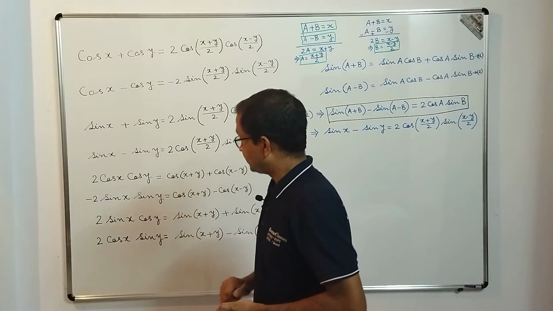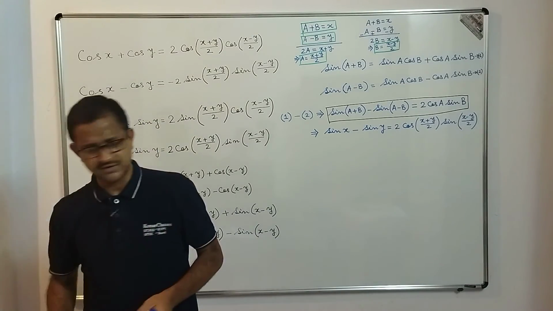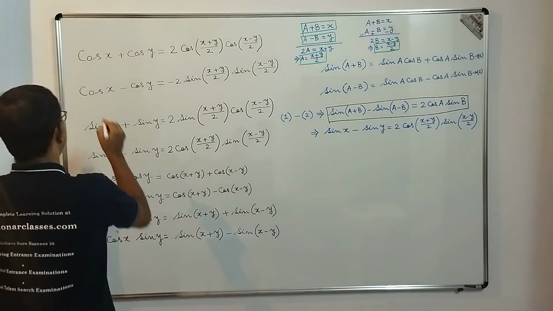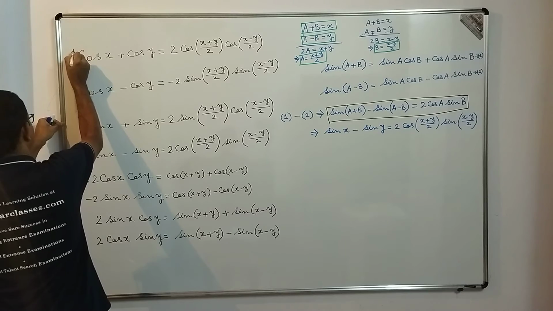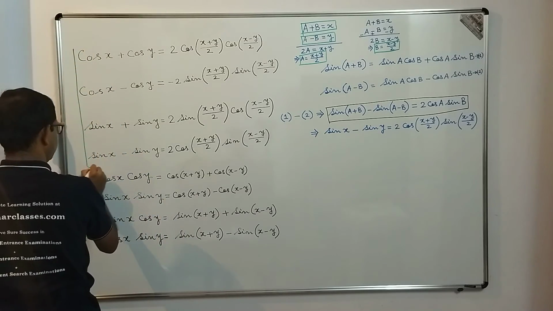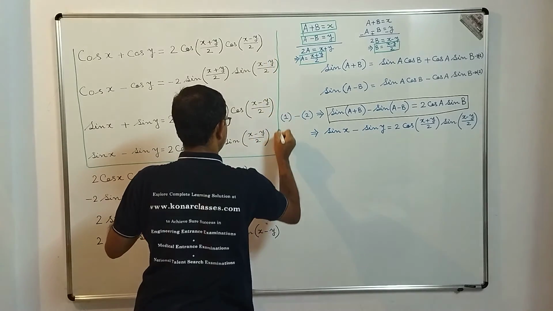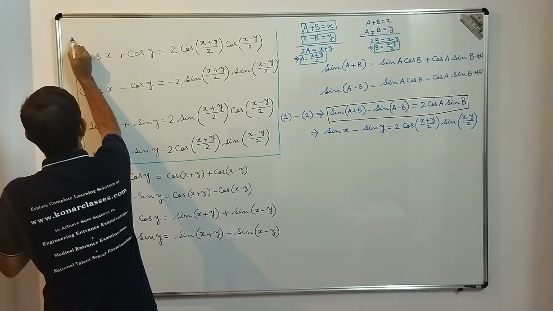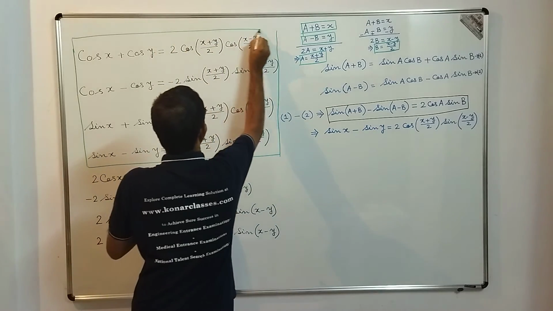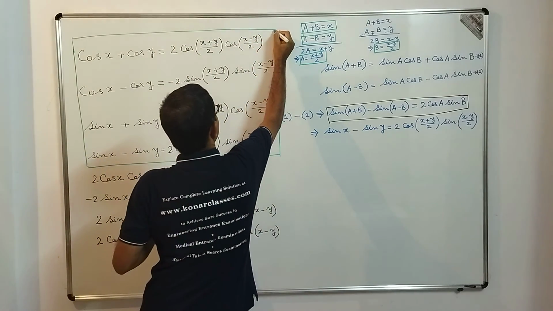One important thing, hopefully you have already noticed, is that if we remember the first 4 formulas, that means up to this, then we are going to get the next 4 formulas.